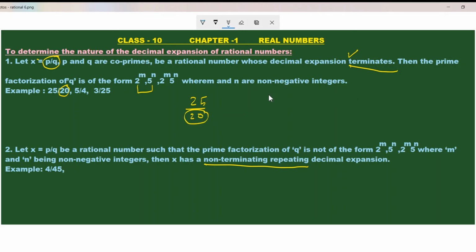We have to find the prime factors of 20. 2 tens are 20, and then again 2 5s are 10, so 20, so 25 upon 2 power 2 into 5. You can see the denominator of the given rational number is a multiple of 2 and 5 only. So we can say it is a terminating one.